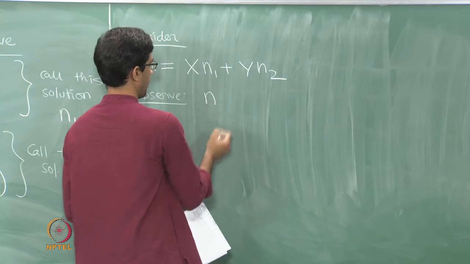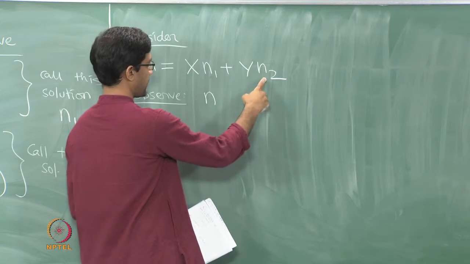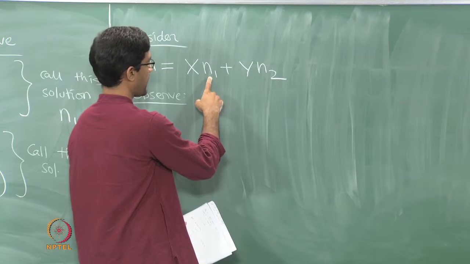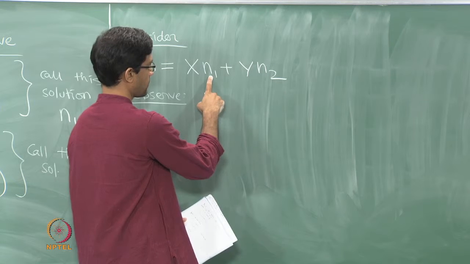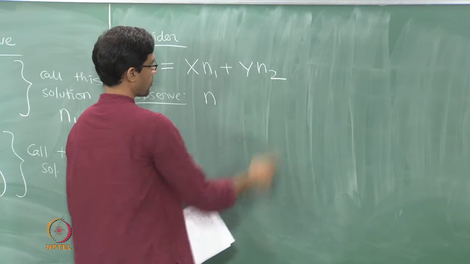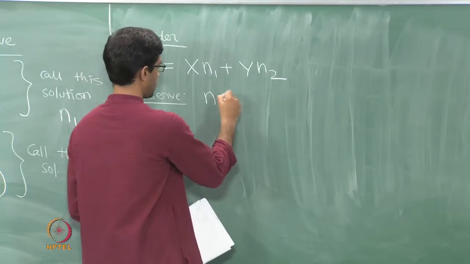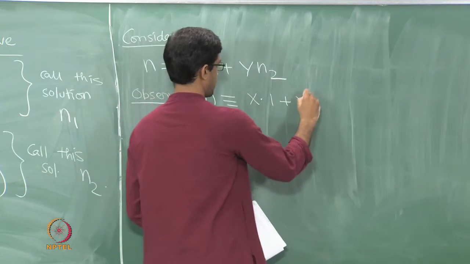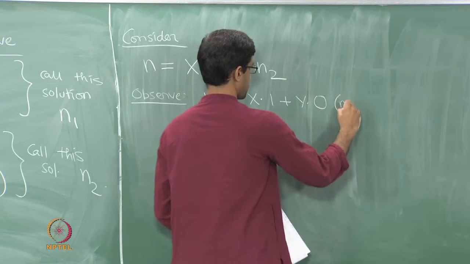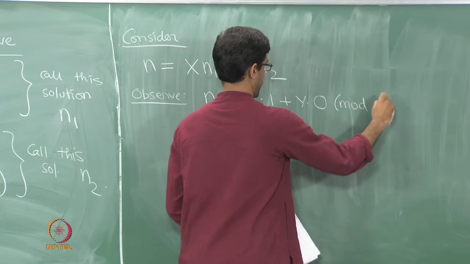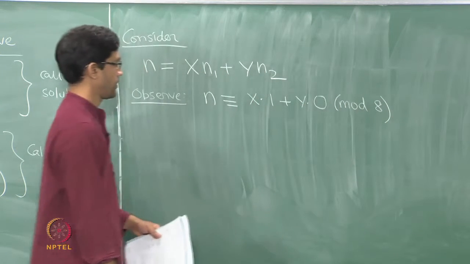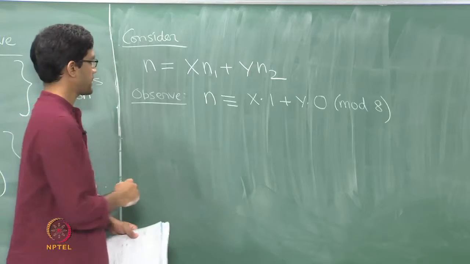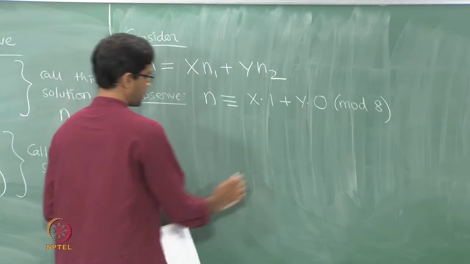That's really the question. n1 is congruent to 1 mod 8 by construction, and n2 is congruent to 0 mod 8. So n will turn out to be congruent to x times 1 plus y times 0 mod 8, using the fact that n1 is congruent to 1 and n2 is congruent to 0.